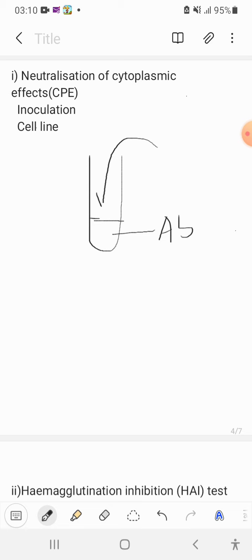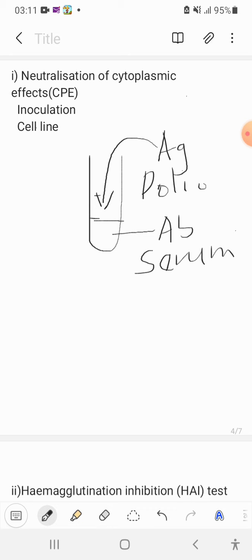So that's now the antigen. It can be commercial or can be made in the lab. Then add it to the serum, which contains the antibody.